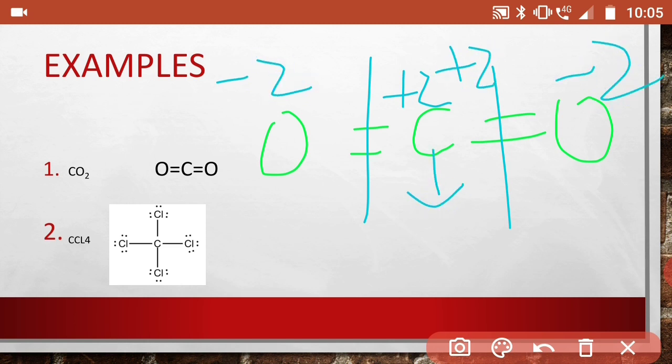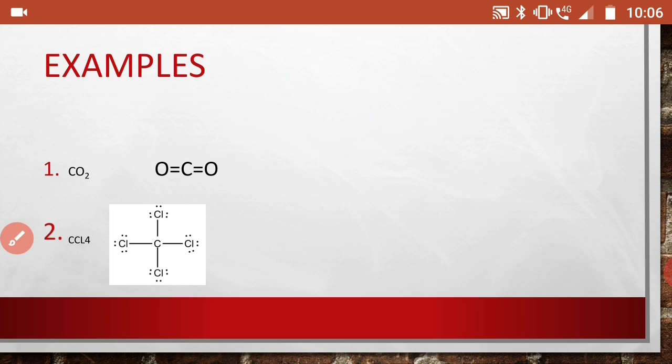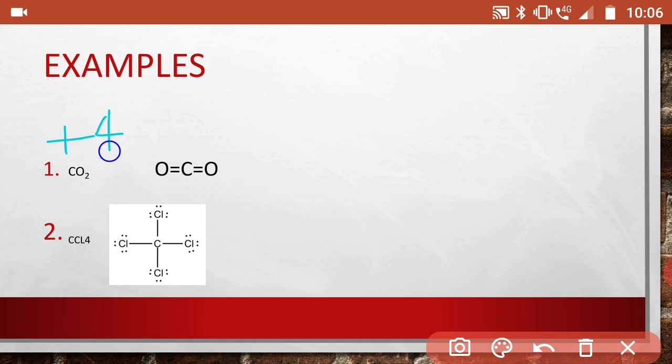Overall, carbon has the +4 oxidation state and oxygen has the -2 oxidation state. So we can say that in the carbon dioxide molecule, carbon has +4 oxidation state and oxygen has -2 oxidation state.